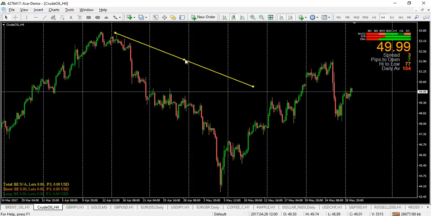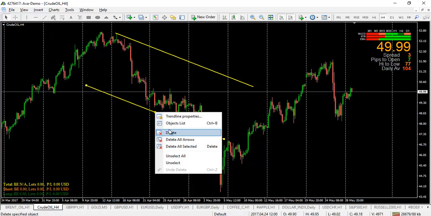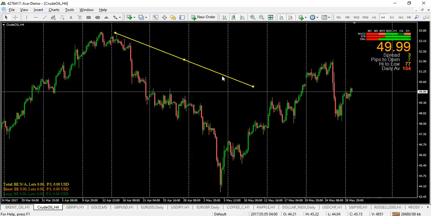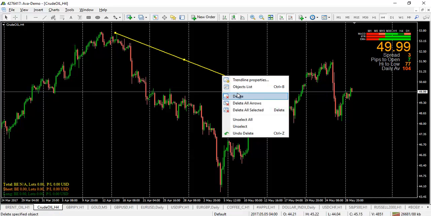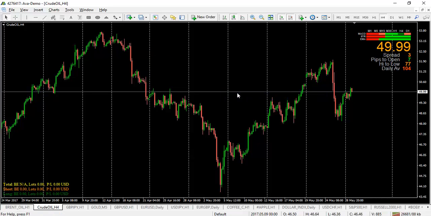Now if you hold it, you can duplicate the same line to draw your channels. I hope you get it. You can go back in the video and see what I've mentioned: highlight it, control and double click, and you can duplicate those lines.